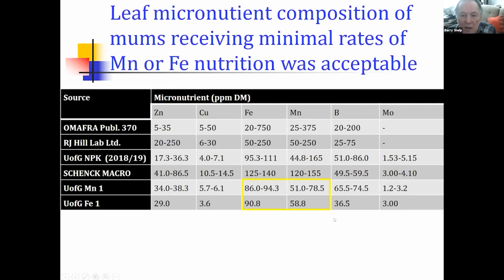And in this trial, we found manganese levels and iron levels that were easily within the acceptable range found from the extension literature.